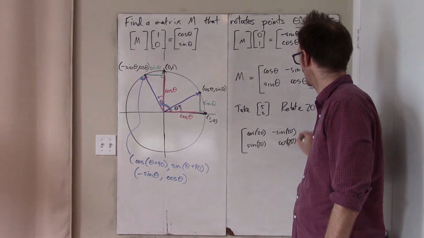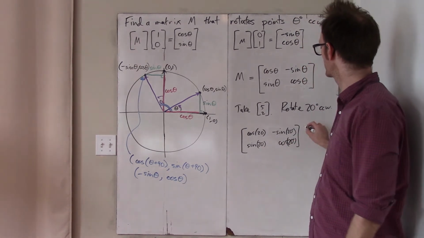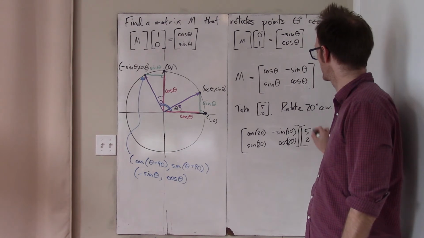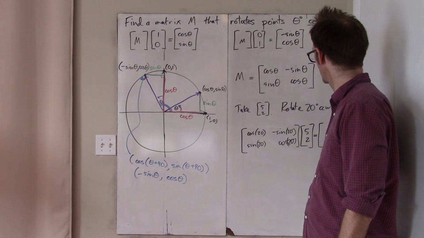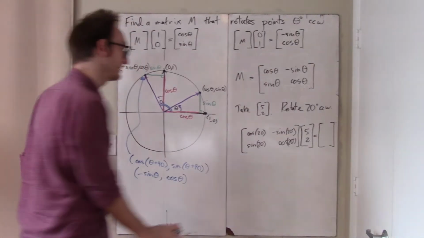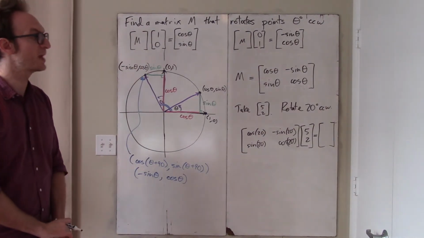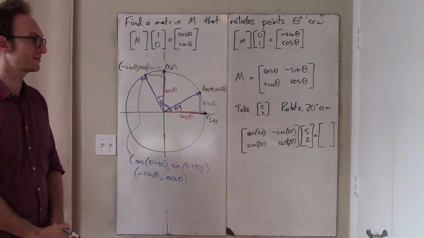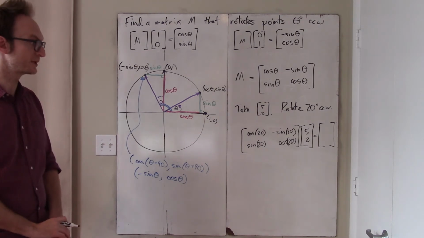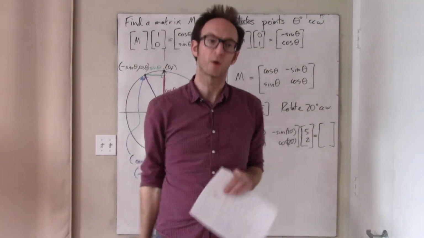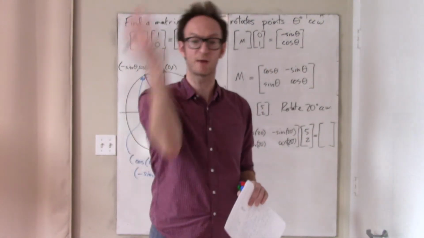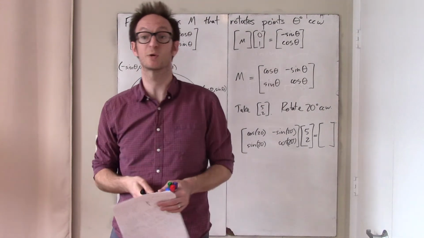Then I can input this vector 5, 2 into that matrix, and whatever I get back will be exactly what happens to that vector 5, 2 as it gets rotated 20 degrees. So this is nice if you want to program some points to get rotated. This is the fastest way to do it, I think.